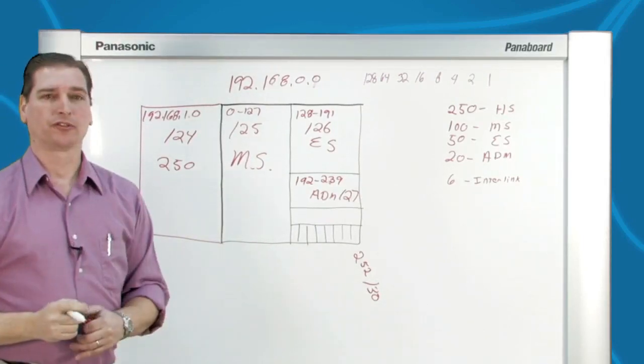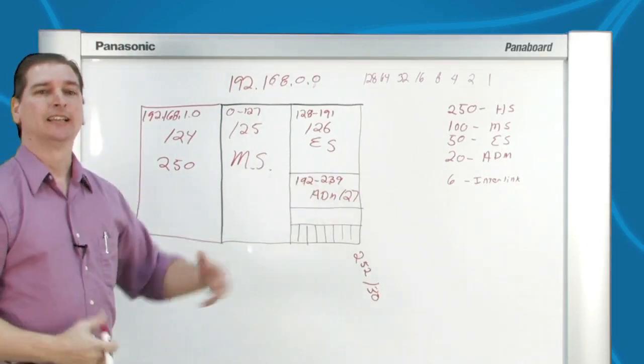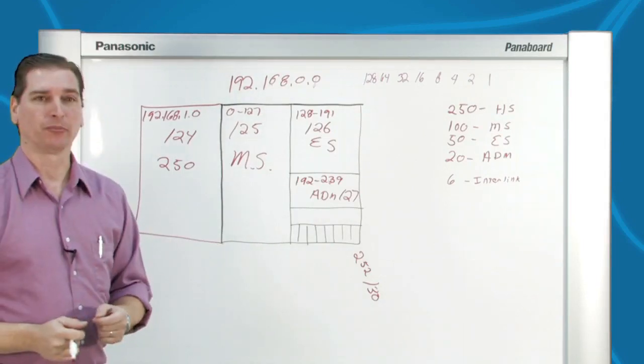So far we've been working straight subnetting, variable length subnetting. Where does CIDR play into this? Okay? We'll go back and we'll look at the bits again.